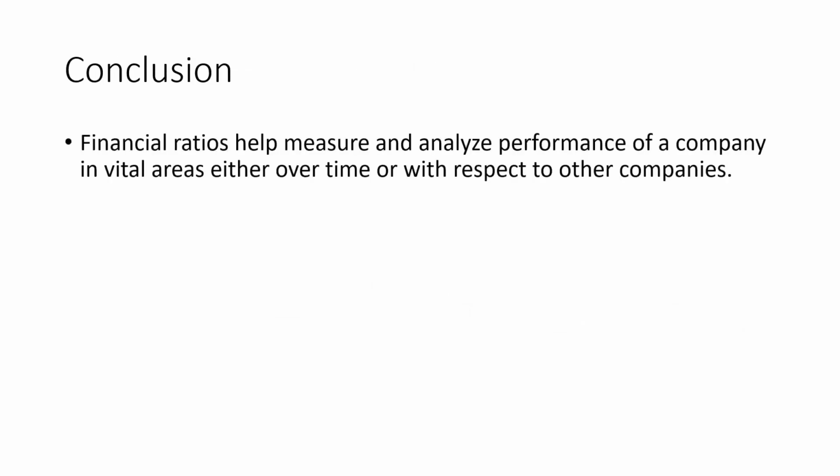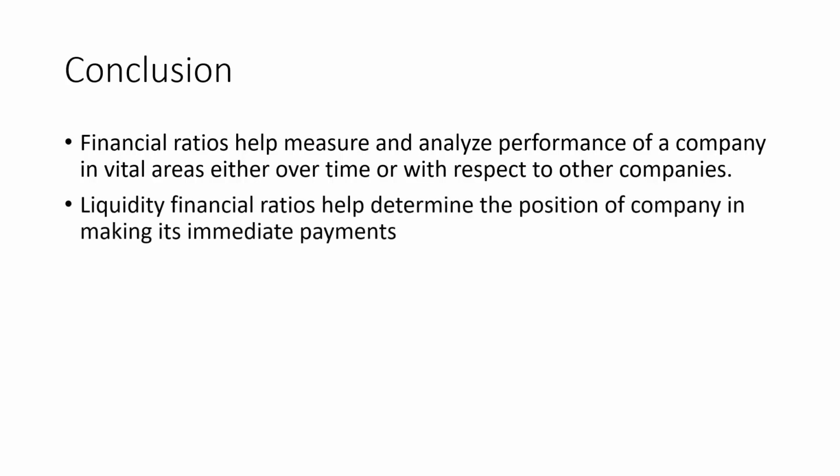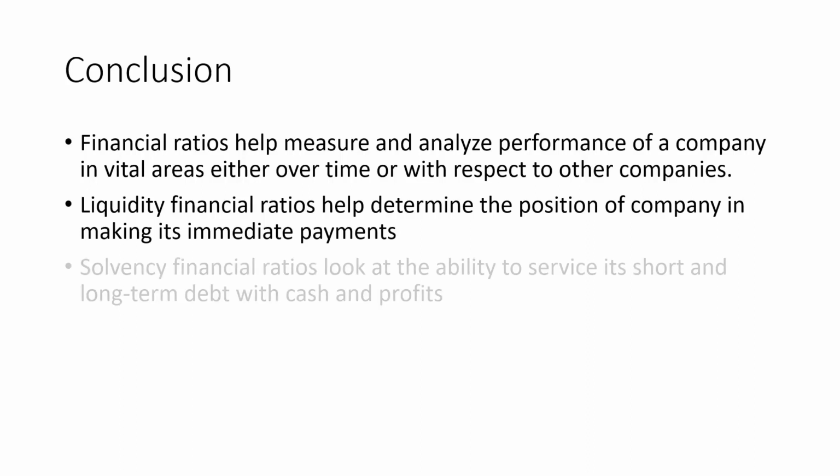And to conclude, we saw how financial ratios can help measure and analyze the performance of a company, particularly in areas such as efficiency and profitability, and we can compare with itself over time or with another company at the same time. Then liquidity financial ratios help determine the payment position of a company, particularly with respect to the short term.